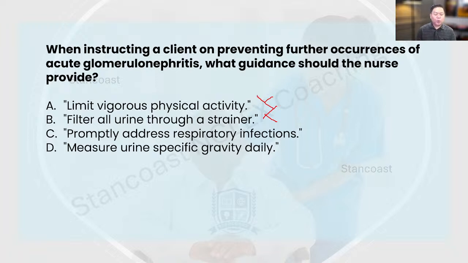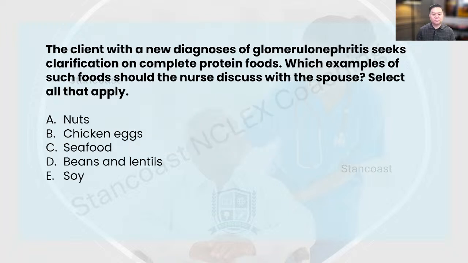We also need to use the process of elimination. You are going to disregard those options that do not directly address the problem, and focus on those options that really target prevention or management of the respiratory infection. All right. Now let's move on to the next question.